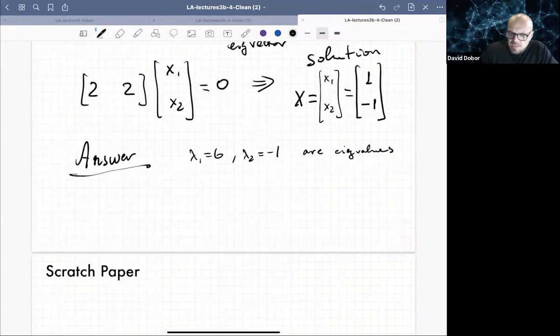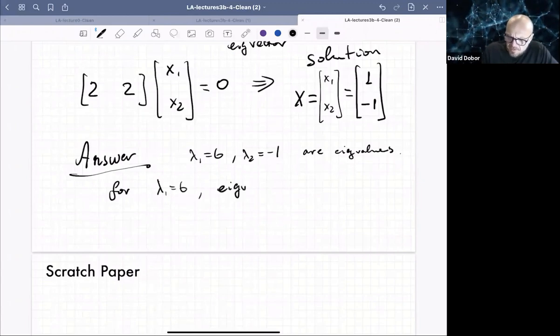People sometimes like to write down the smaller eigenvalue first, which makes sense, but that's the way I wrote it, and that's fine. These are our eigenvalues, and each eigenvalue has an associated eigenvector. For lambda 1 equals 6, the eigenvector, let's call it V1, is (2, 5).